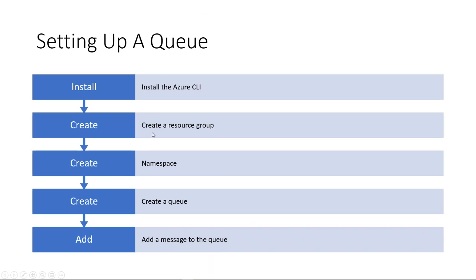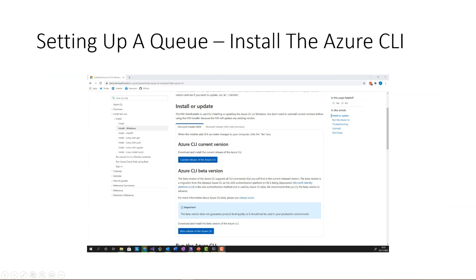Service Bus has a specific namespace it lives in. You then create your queue, and then the next step is to add a message to the queue. I've got a little illustration here on downloading and installing the Azure CLI.